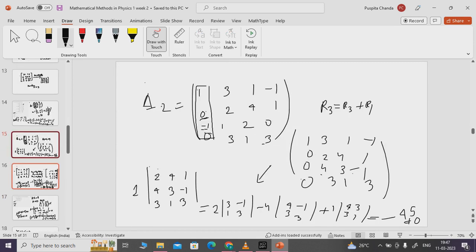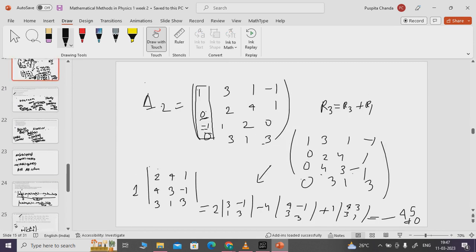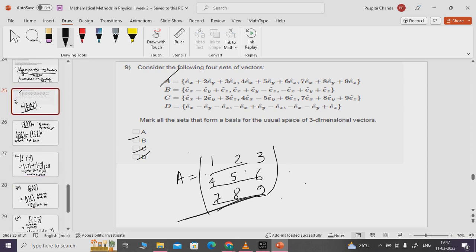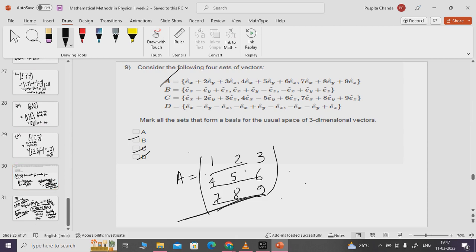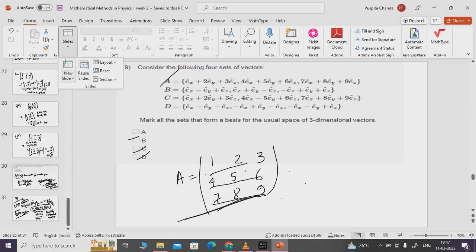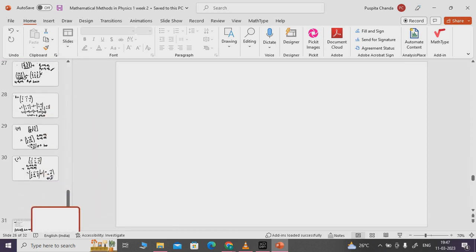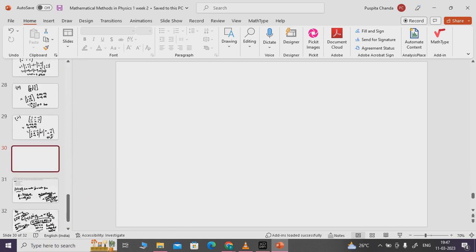I don't have an example on the top of my mind, but you can see that one we have. This is a dependent matrix. Okay, and also row matrix. Yes, ma'am.